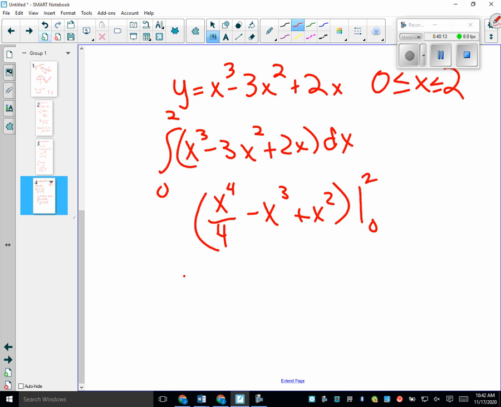Isn't that 4 minus 8 plus 4 minus 0? You're going to learn to really like it when that bottom number is 0. So that's 0.